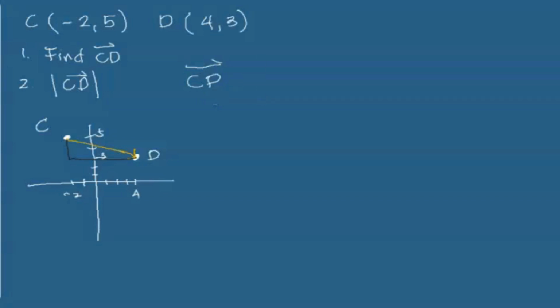So to find the vector between 2 points CD, we just need to subtract the coordinates of the initial point from the coordinates of the final point. So our final point is D. So our x coordinate, that's 4 minus negative 2.